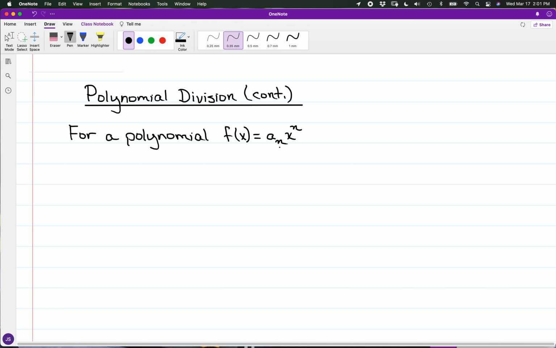The leading term coefficient is a of n, and the degree of the function is defined by n.